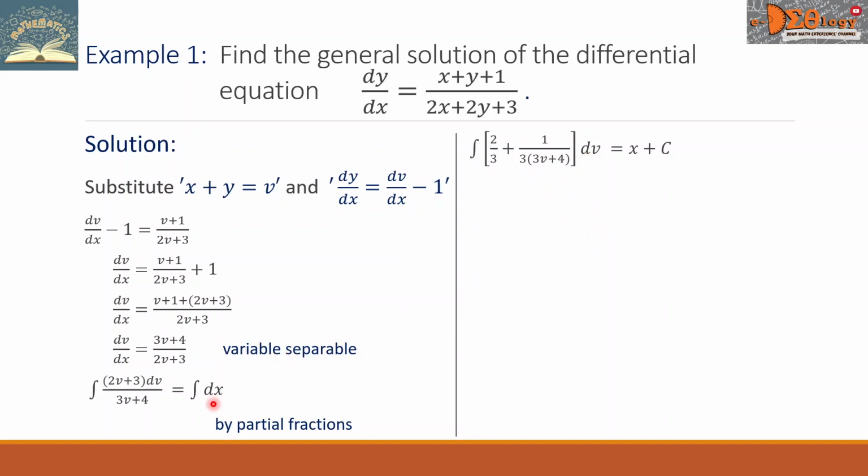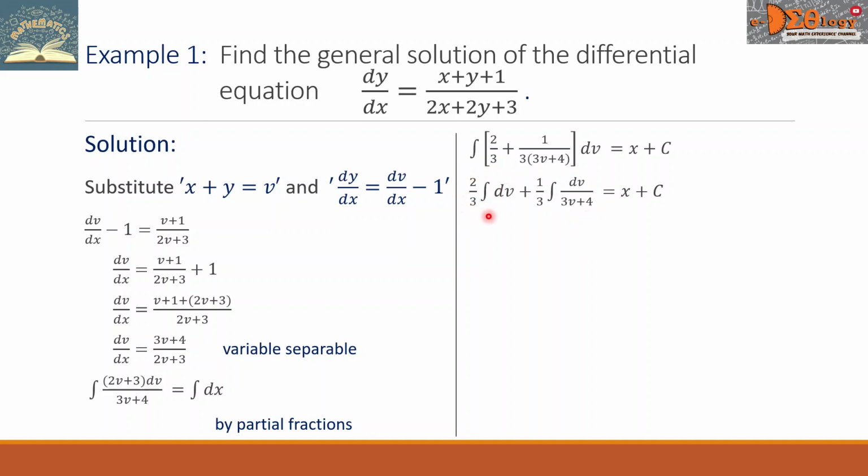On the right side, we take the integral of dx. So we have here x plus c. So the left side now becomes 2/3 times integral of dv plus 1/3 times the integral of dv over (3v plus 4).